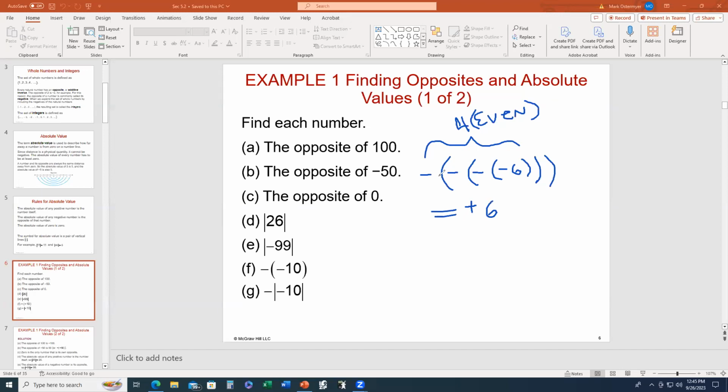Now, if you have an odd number of negative signs, like this is a positive, how many negative signs do we have in this expression? There are now 3, and 3 is an odd number of negative signs. Because we have an odd number of negative signs in this expression that has only parentheses, notice no absolute value anywhere, this would walk out being not a positive in the end, but a negative.